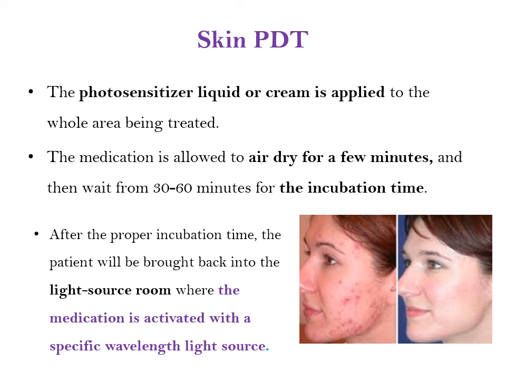Then the medication is allowed to air dry for a few minutes, and then we wait for 30 to 60 minutes for the incubation time. After this proper incubation time, the patient will be brought back into the light source room, where select lengths of light will be applied. Then the medication will be activated with that specific length of light.